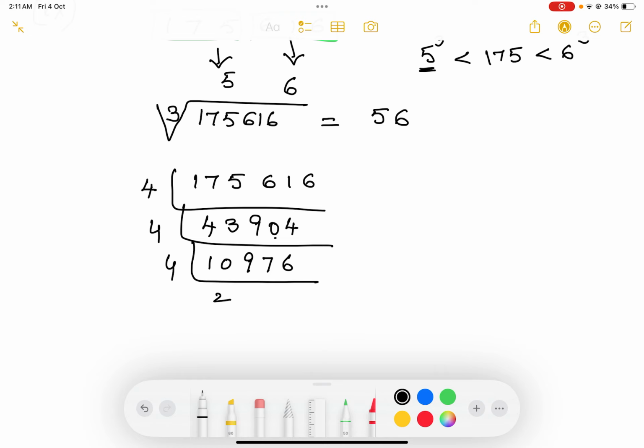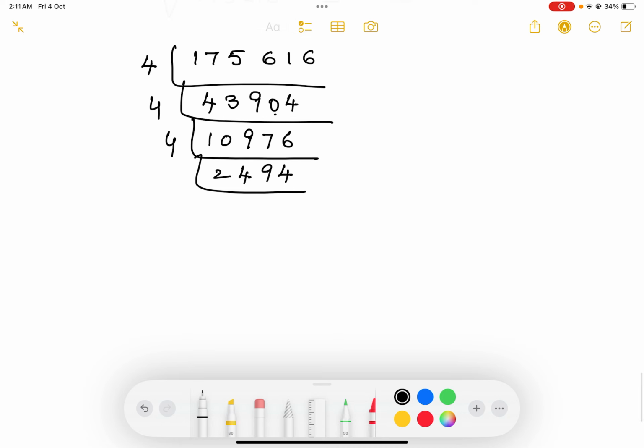Again 4 twos are 8, then 4 fours are 16, 4 nines are 36. Now again it is 94. 94 is not divisible by 4. It is also not divisible by 3, so we will go for 2 itself.